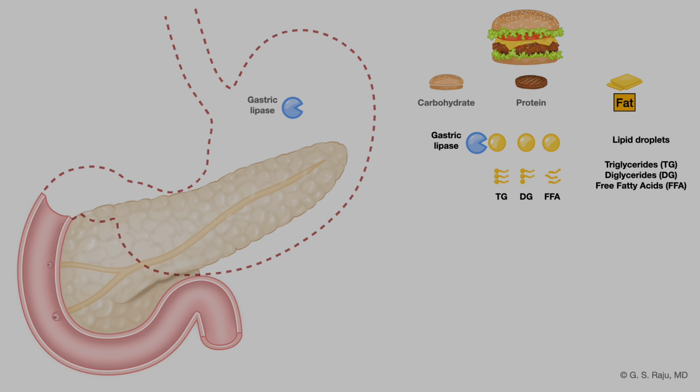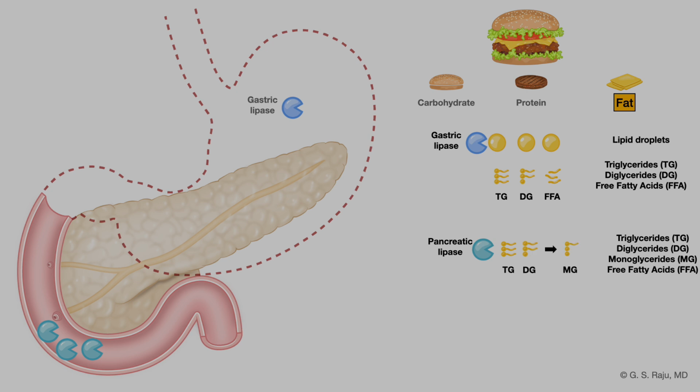So we heard about gastric lipase breaking lipids into triglycerides, diglycerides, and free fatty acids. And then once the chyme comes into the small bowel, the duodenum, the pancreatic lipase further breaks down the triglycerides and diglycerides, cleaving off more to create free fatty acids and monoglycerides.